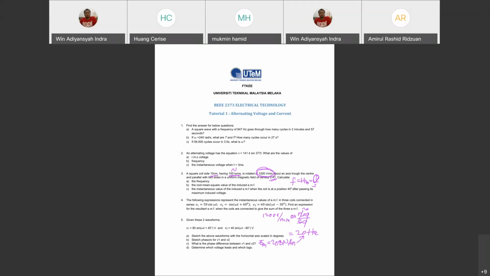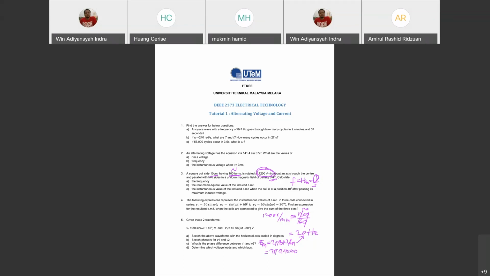Now 2 pi, field of density 0.4, and 100 turns.